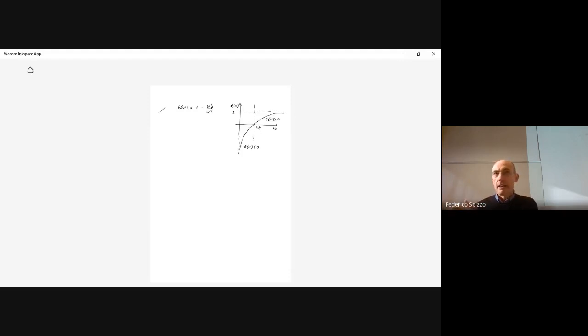But in this case, I assume that the magnetic permeability is equal to mu0, so just vacuum. And the total permittivity is epsilon 0 times epsilon of omega.